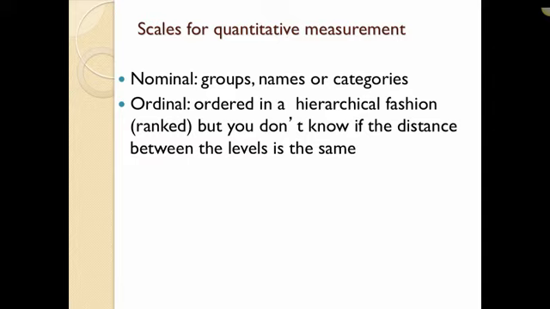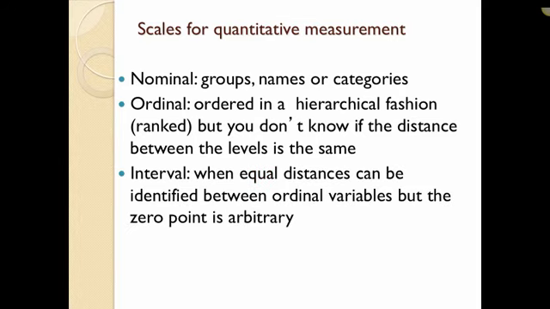So in that measure, higher numbers do mean more education, but the distance between having less than a high school degree and a high school degree is not the same as having some college and a college degree, right? So the distance between 0 to 1 is not necessarily the same as 3 to 4. So the interval between those values is not interpretable, but there is some order implied.